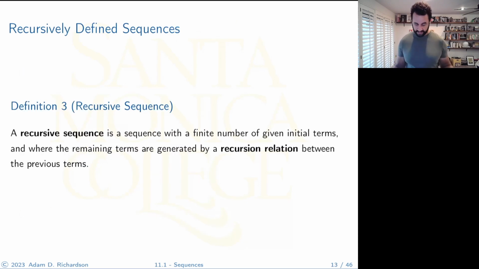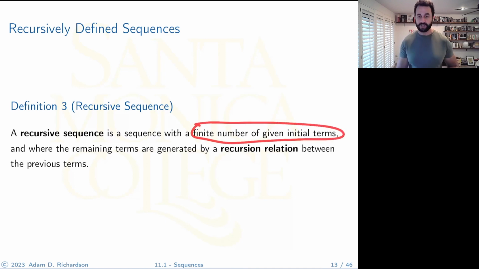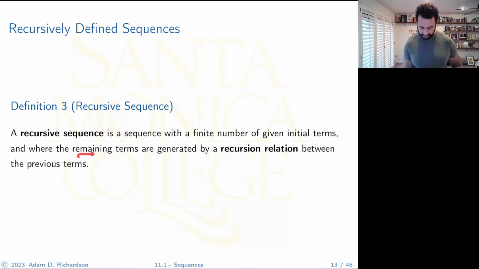A recursive sequence is a sequence with a finite number of given initial terms, and the remaining terms are generated by a recursion relation. Basically, you're given the first few terms of the sequence, and then you're told that to get the rest of the terms, you do this to the previous terms. And that's how you get the next term.